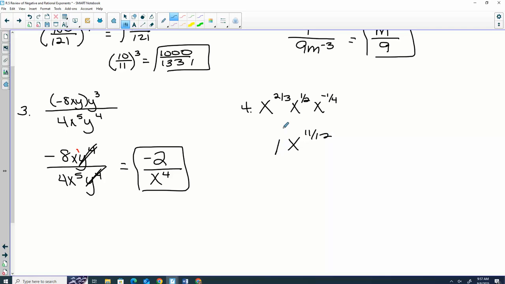So the x would be 11/12. Any questions there?